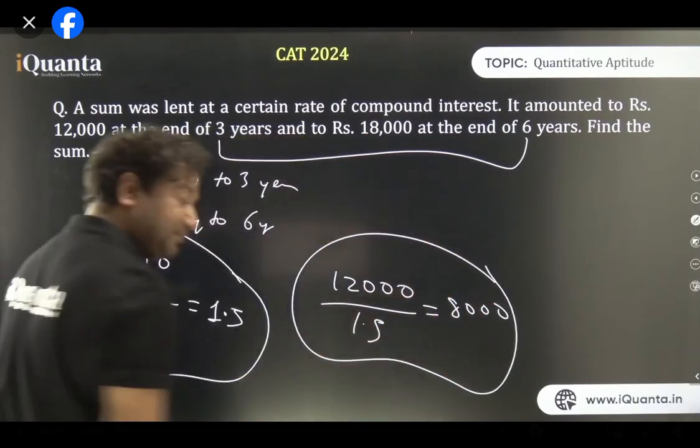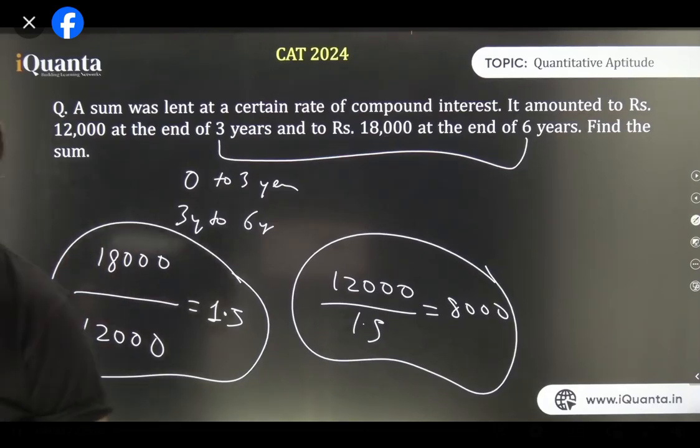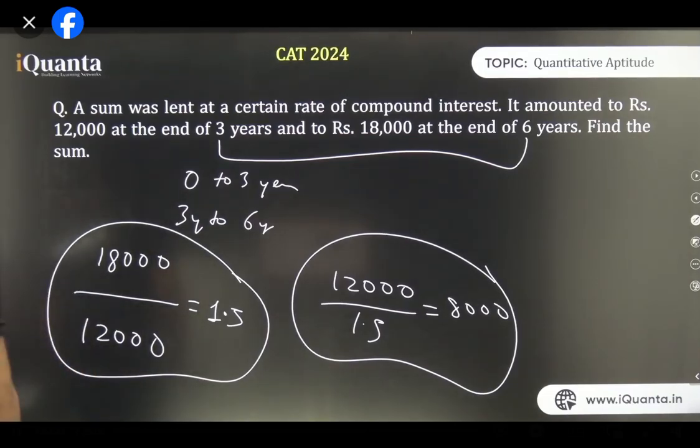This is a 10-second approach. Is it clear? Nandita, see, every 3 years things are becoming 1.5 times of themselves. Is that clear now?